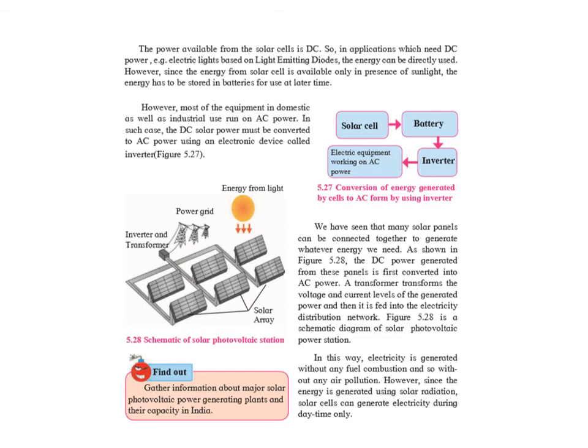So in this way, electricity is generated without any fuel combustion, and so without any air pollution. However, since the energy is generated using solar radiation, output is less, and also we require a continuous source of constant radiation. Sometimes it does become a disadvantage.